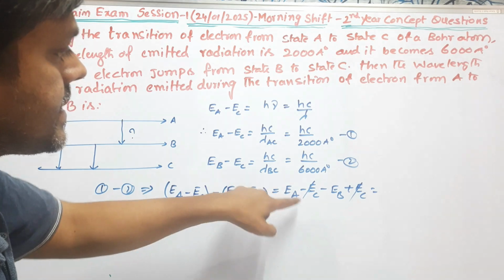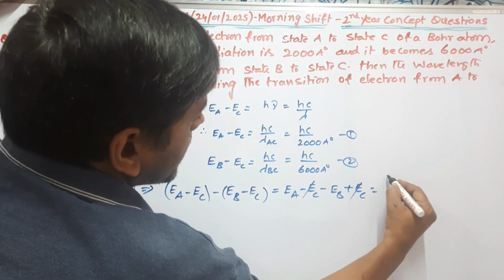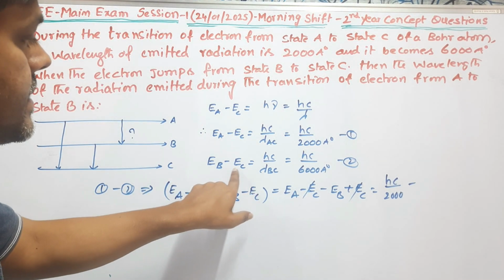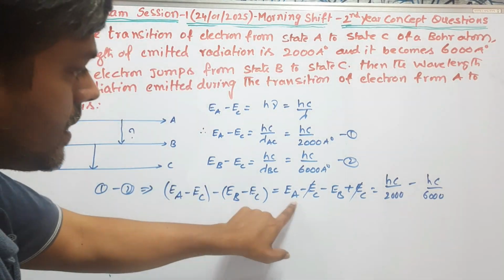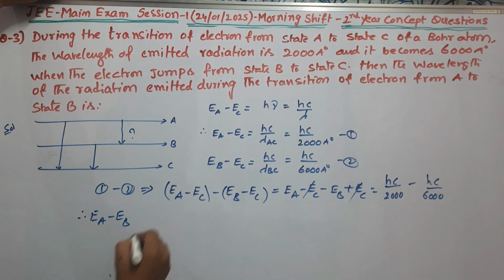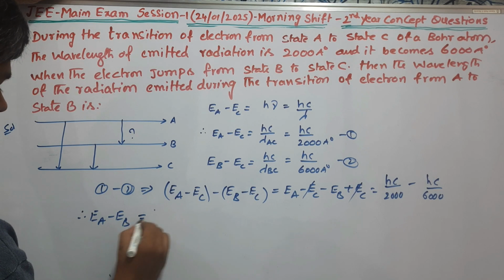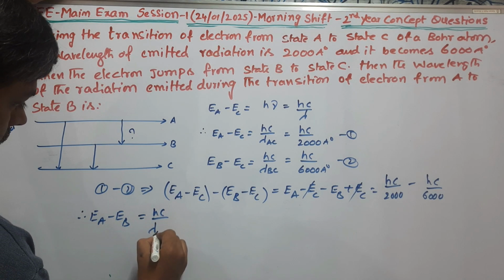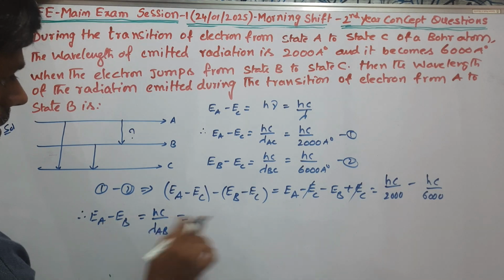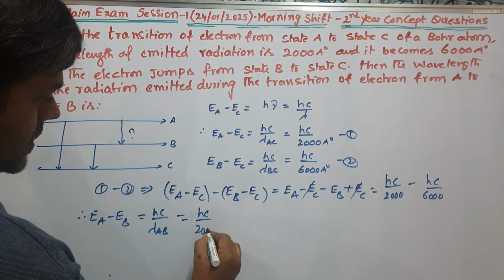EA minus EC is hc by 2000, and EB minus EC is hc by 6000, so we finally get EA minus EB. Therefore EA minus EB, required when the electron jumps from state A to state B, is equal to hc by lambda AB, the difference in energy.